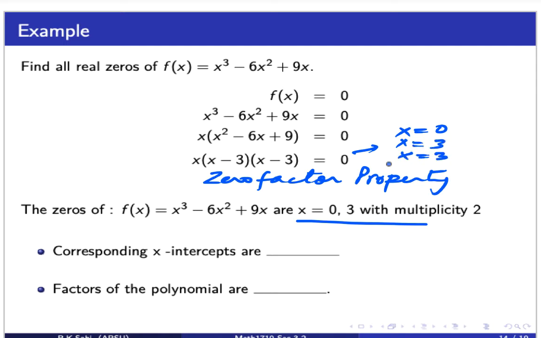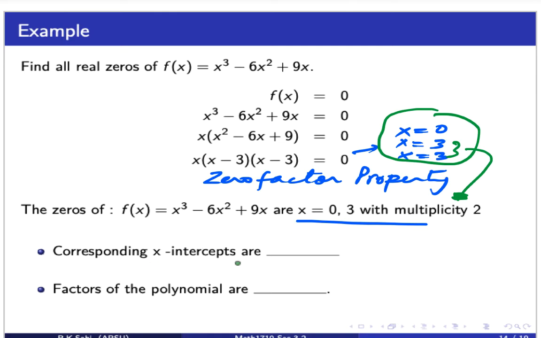So the convention in mathematics, guys, is we do not repeat 3 and 3. If a zero is repeated, we simply say 3 with multiplicity 2. That's how we represent these, which are the 2 solutions, and we write this as 3 with multiplicity 2.